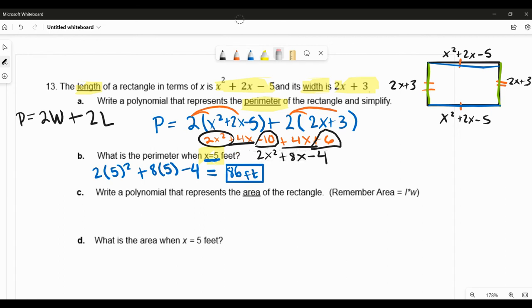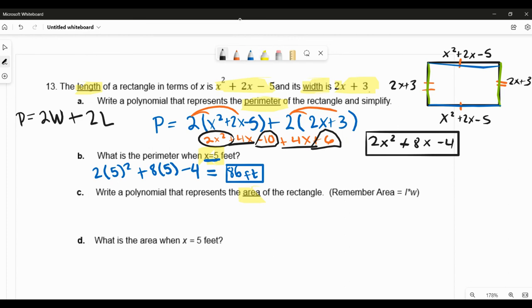And just so I can clean this up a little bit, let's rewrite that over here. So 2x squared plus 8x minus 4. I'm going to rewrite that over here so we don't lose it. Okay. Now let's take a look at part C, write a polynomial that represents the area.